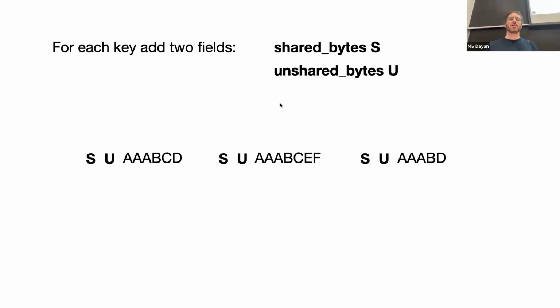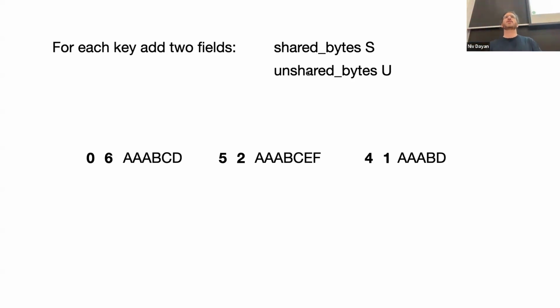Okay. So what we're actually going to do is add two different values to every key-value pair in the page. These are going to be called shared bytes and non-shared bytes. They now exist for each key-value pair. Here's what they mean. The shared bytes means how many prefix bytes you are sharing with the key that came before you.